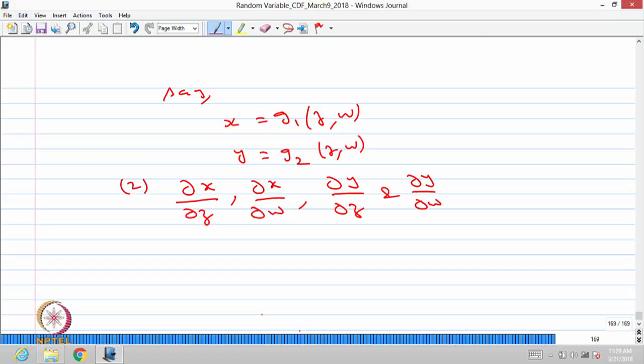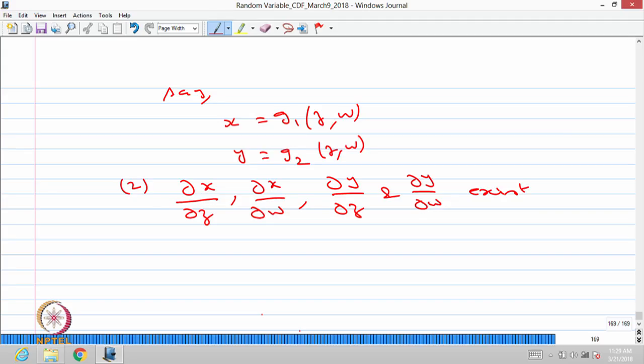Similarly, the partial derivative of y with respect to z and w. Here I am making the assumption that the partial derivatives exist. Not only exist, all these partial derivatives are continuous functions. This is the second assumption.